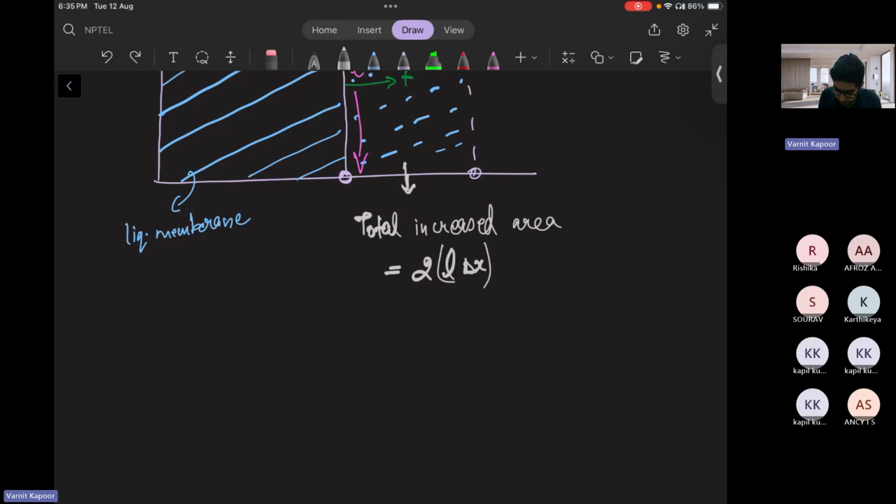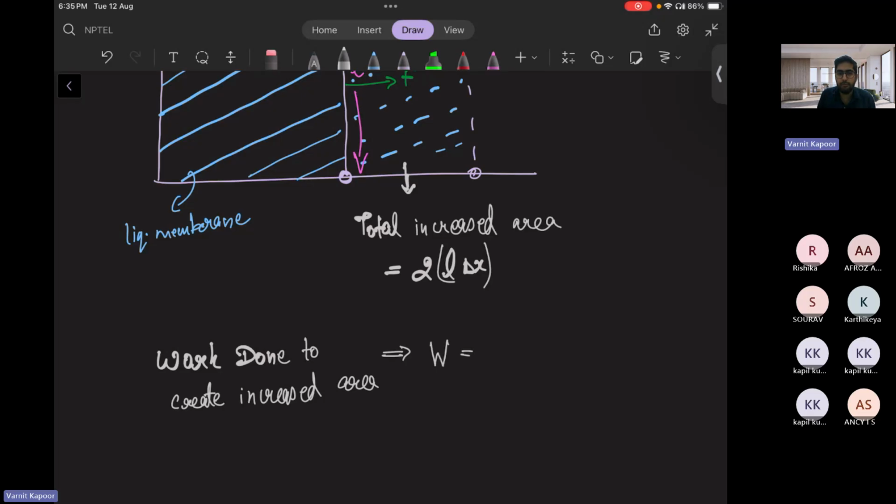So the work done to create the increased area is nothing but work W. What is the formula of work done? Force into displacement.